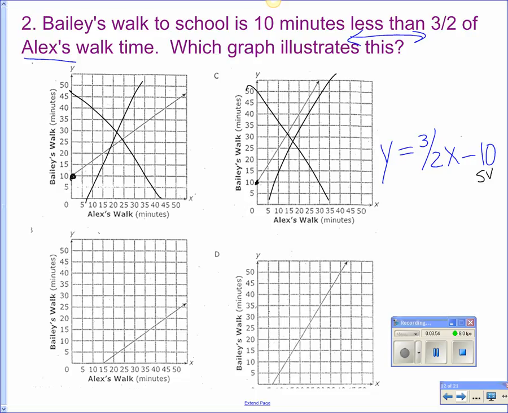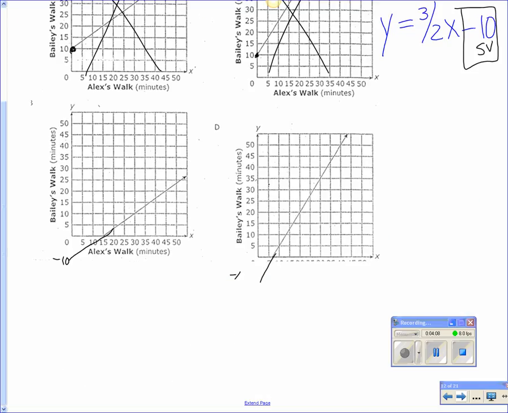Look, I need to start at negative 10. All right. On this one, if you keep drawing the line, is it possible that it starts at negative 10? Yes. It's possible. Same thing for this one. If I keep drawing the line, it's possible it starts at negative 10. So B and D could both start at negative 10.